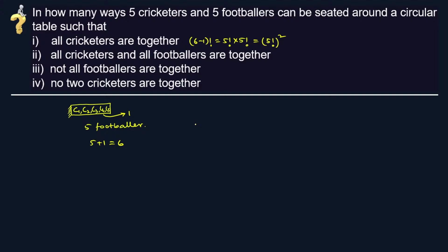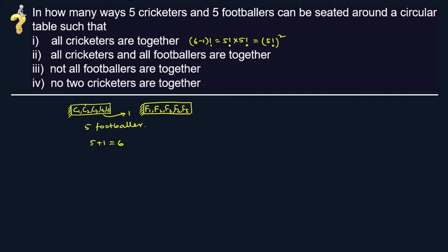It states, all cricketers and all footballers are together. So all cricketers I made in one box, and let us now put all those 5 footballers in one box. Okay, so now we are actually having 2 objects to be arranged around the circular table.